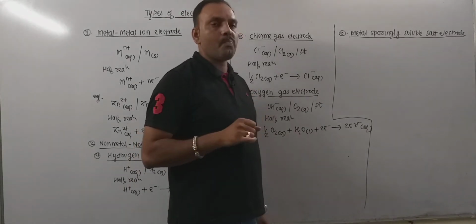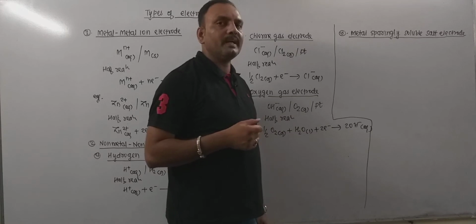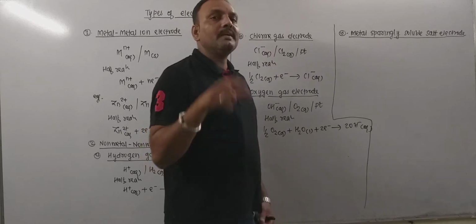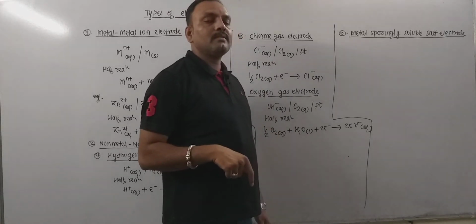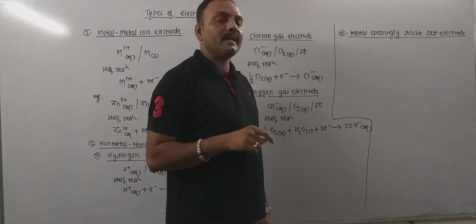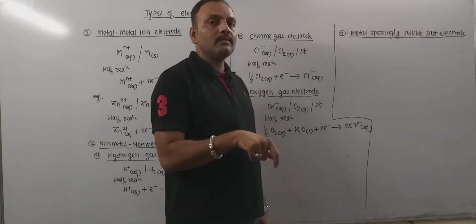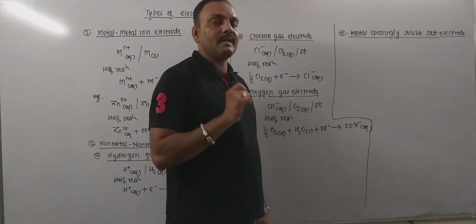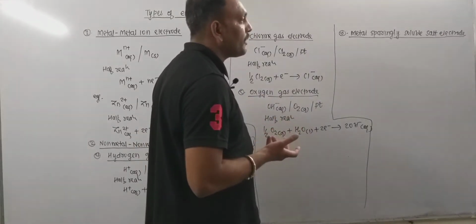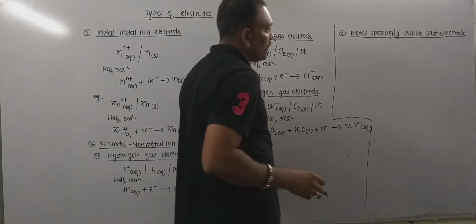Secondly, that metal coated by the sparingly soluble salt is to be immersed in a solution having the negative ion, I mean the anion, which is the same as present in the coated sparingly soluble salt. Then the electrode so obtained is nothing but the metal sparingly soluble salt electrode.